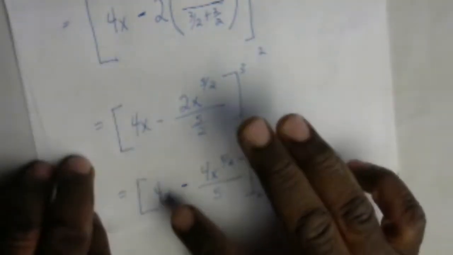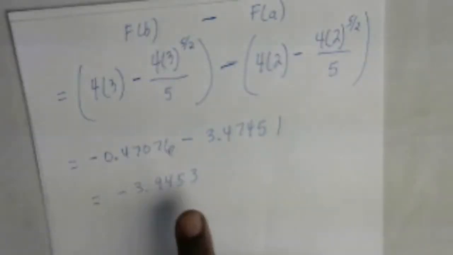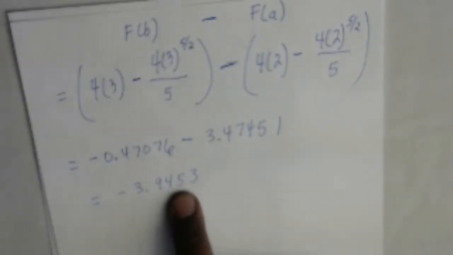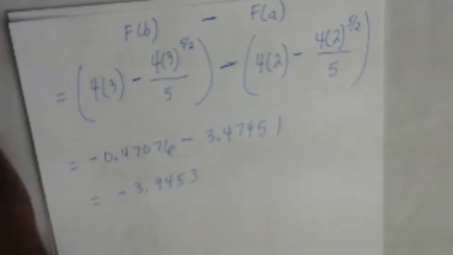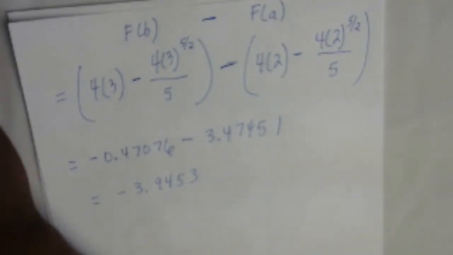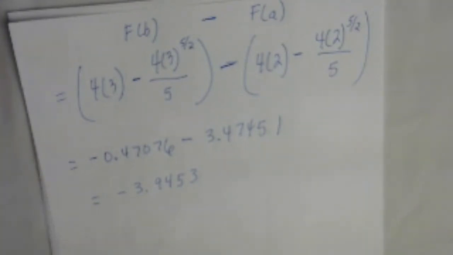That's the integral. When I evaluate this integral at those limits, okay, this is my value. Okay. Now let's take a look to see how we can do this problem on the calculator.